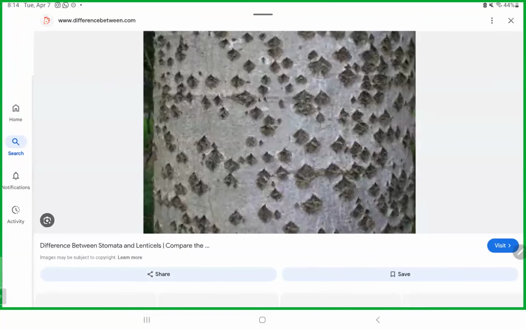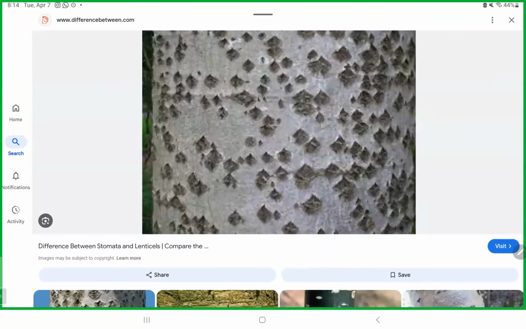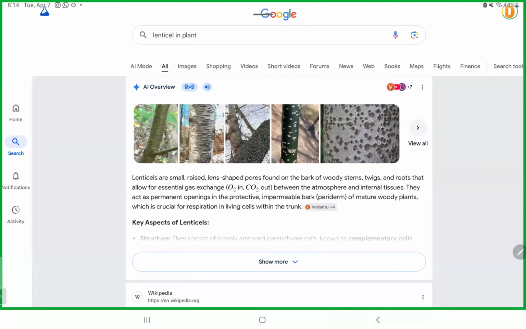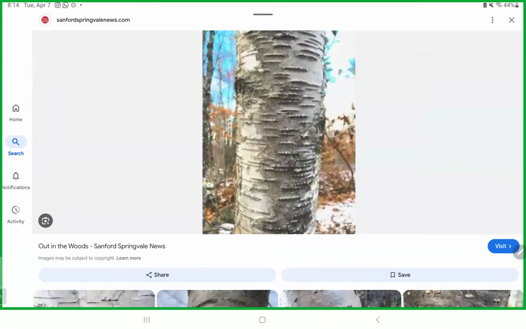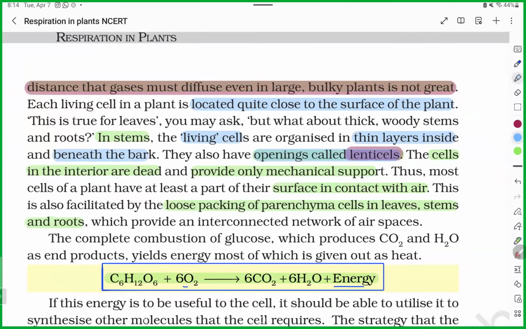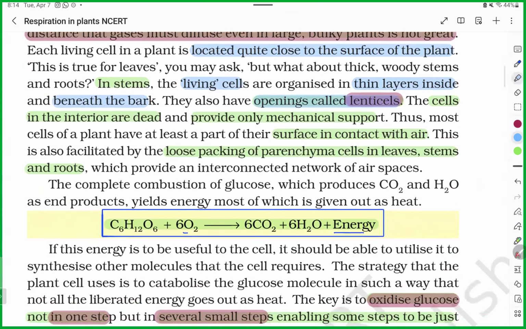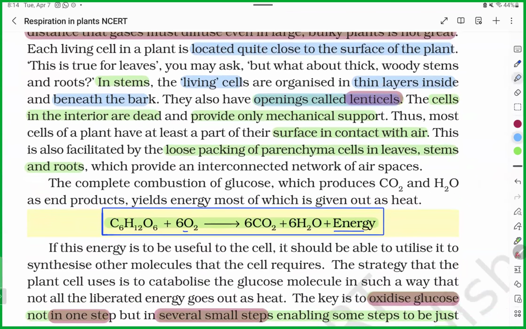So what is the purpose of the cracks? Gas exchange. CO2 and oxygen can enter through these pores. Correct? These lenticels increase the surface area. Cells in the interior are dead and only give mechanical support.